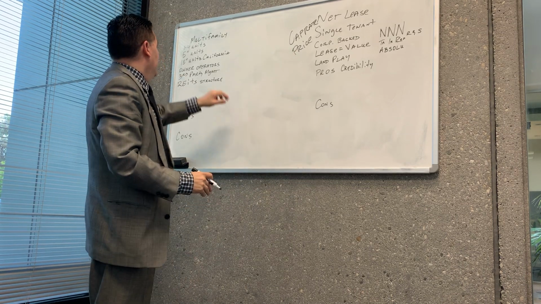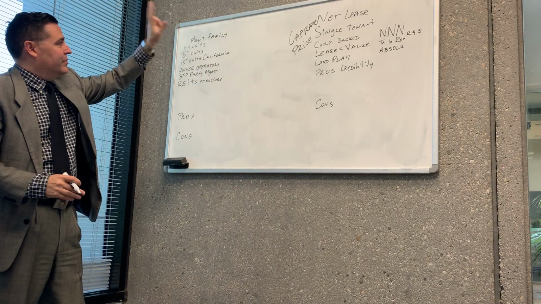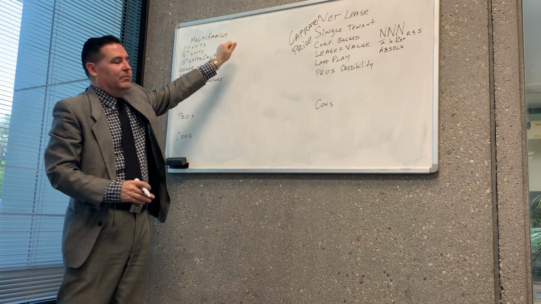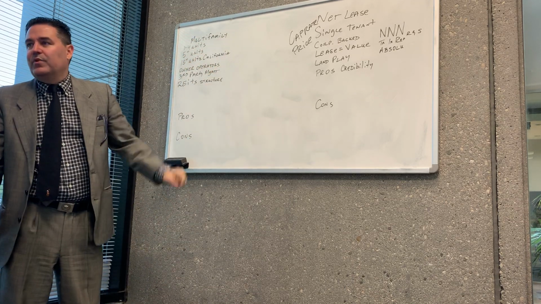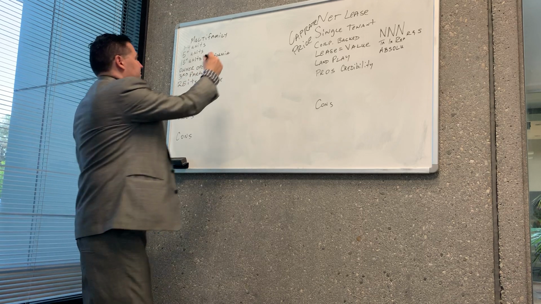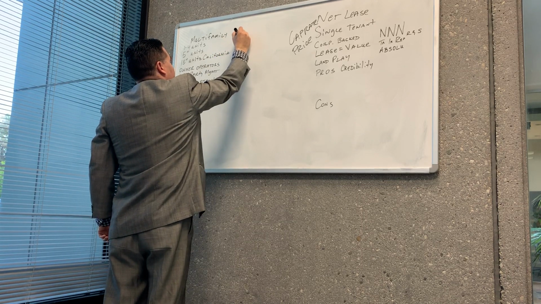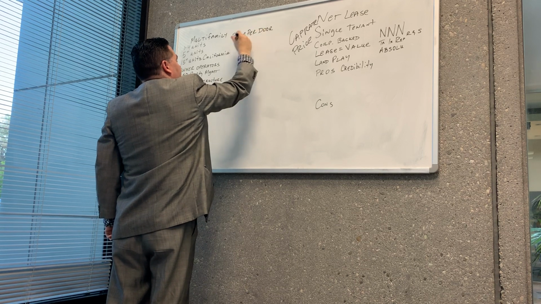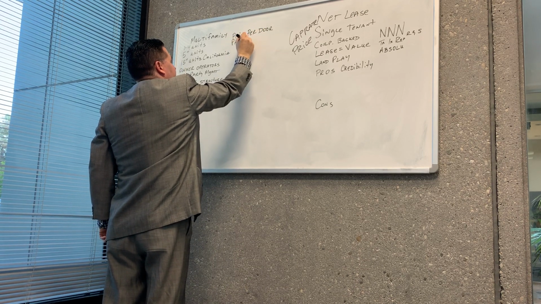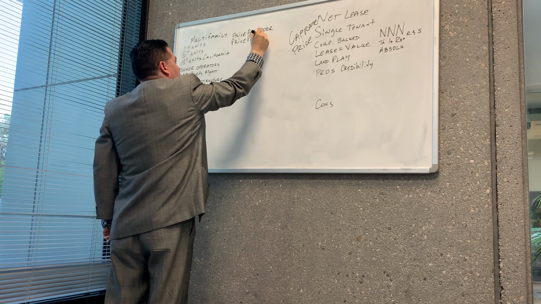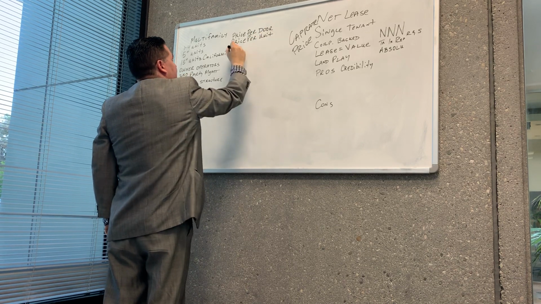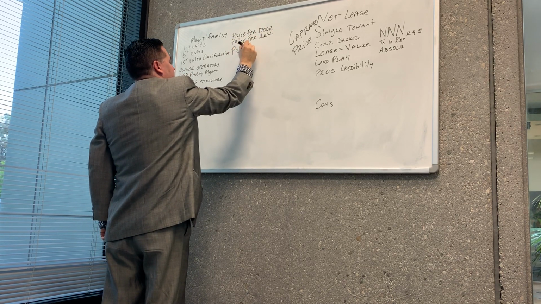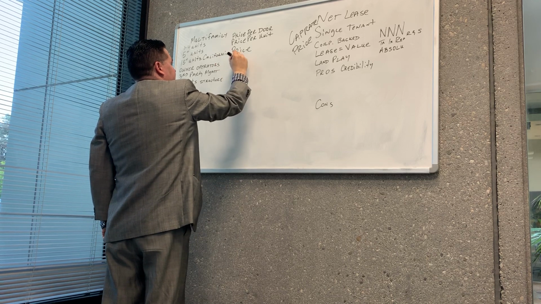With multifamily, what's the main one? Price per unit. Price per unit or price per door. That is the main thing they want to know. Next is price of the property, and third is cap rate.